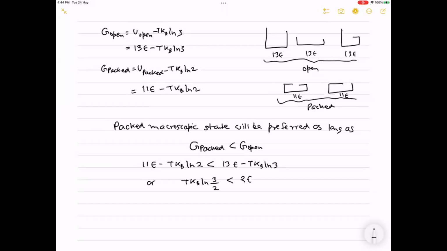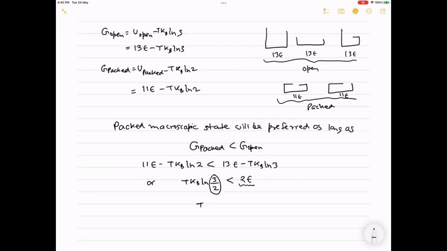Okay. So now, if you look at the origin of this term, this is coming because of the differences in the average energy of the 2 macroscopic states. Similarly, the factor of 3 by 2 is coming because of the differences in the entropy of the 2 macroscopic states.